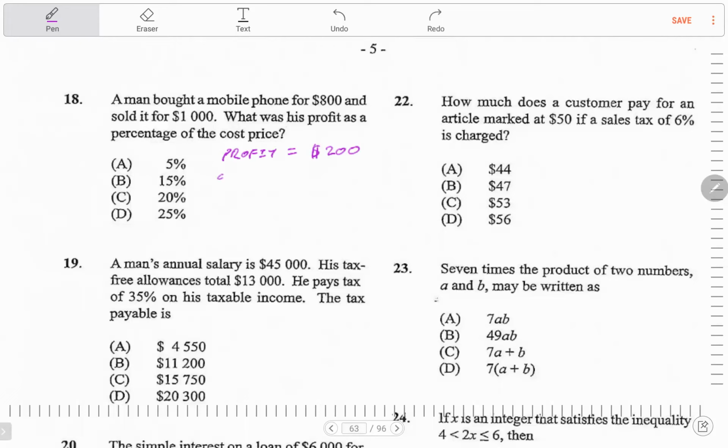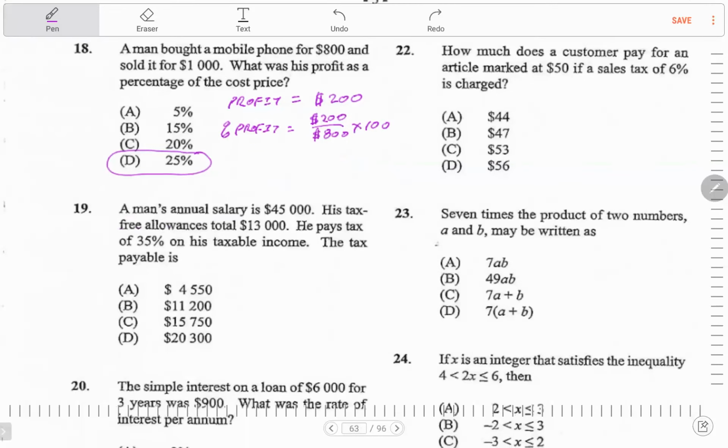So the percentage profit as a percentage of the cost is $200 divided by the cost of $800 times 100. That's what you're working out. So it's a quarter. So it's 25%. That works out to 25%, because this is a quarter, 1/4 of 100. All right, 25%.